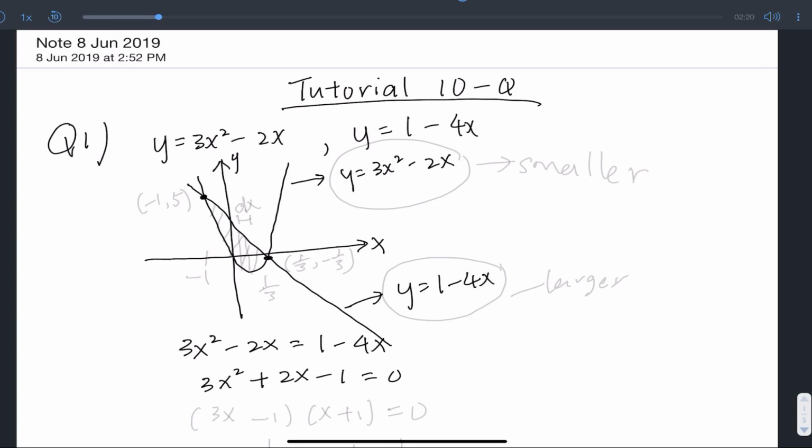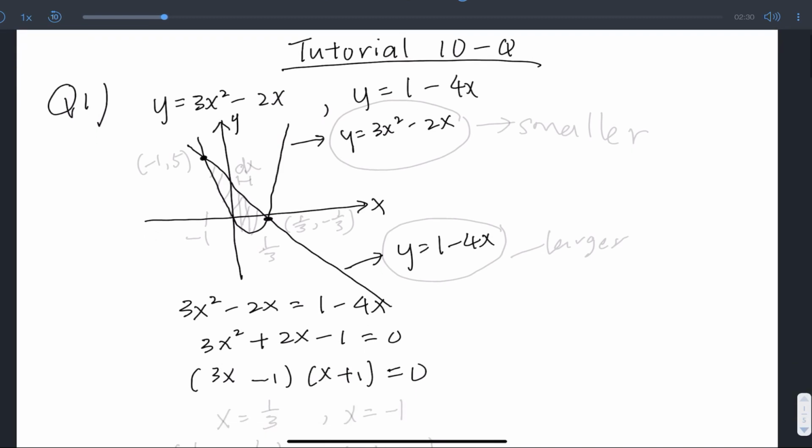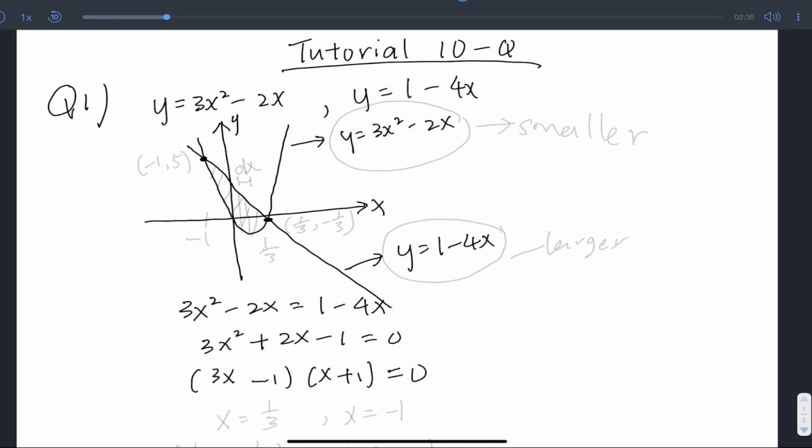Then you can factorize it, and you get two points. One is x equals 1 over 3, the other one is x equals negative 1.